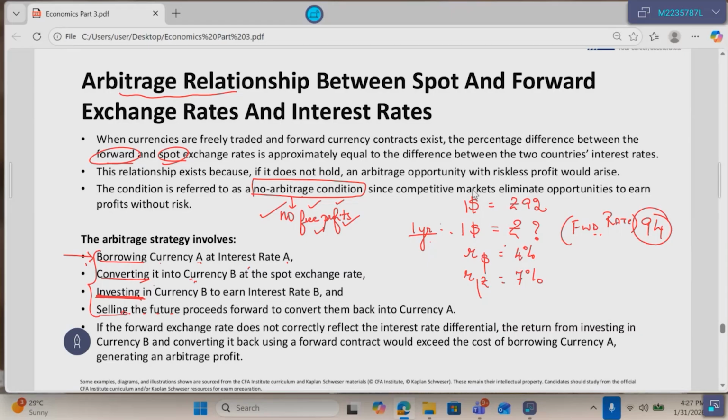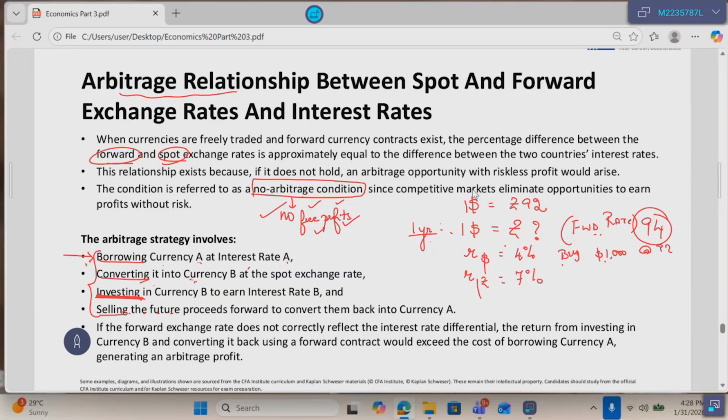Borrow currency A. So you probably say, let me buy, just as an example, $1,000 at 92. So when you buy $1,000, what are you paying effectively? You're paying the rupees, right? So you borrow the amount at a rate.